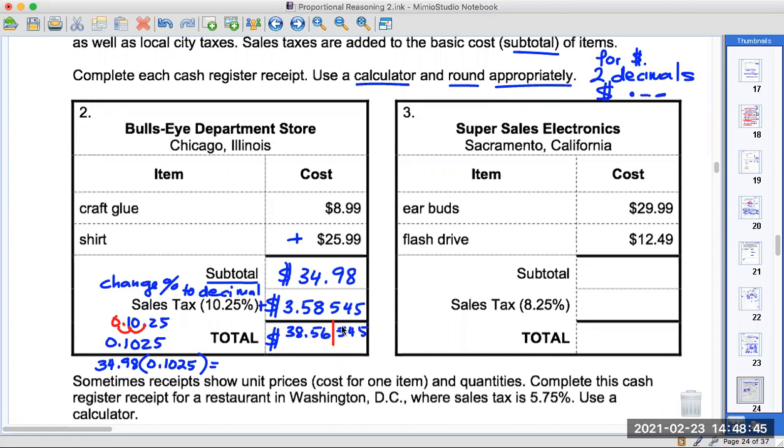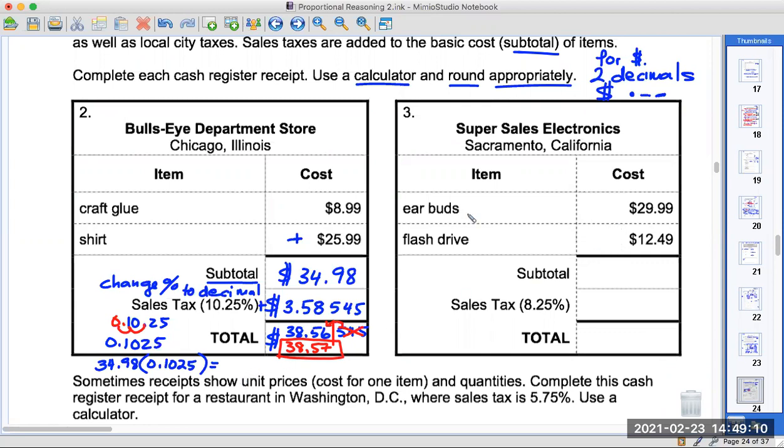The 5 is higher, so it's going to round up. So we got 38.57. And this goes away. That's rounding up. So this is my total amount that I have to pay.